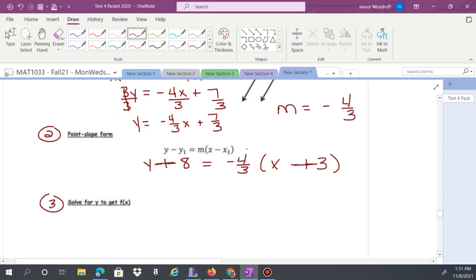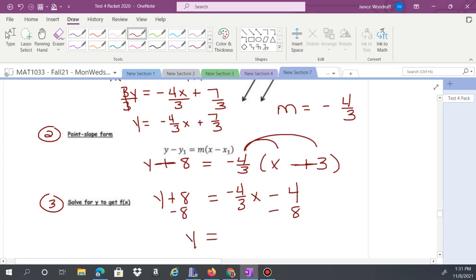So we will distribute the -4/3. That'll be -4/3 x. -4/3 times 3, that's just -4. Those 3's end up canceling. And y plus 8. Subtract 8 from both sides.